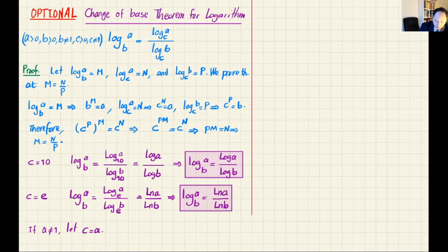Then what happens? Then you will have log of A in base B is equal to log of A in A, because I have chosen C to be A, and then I have log of B in base A.